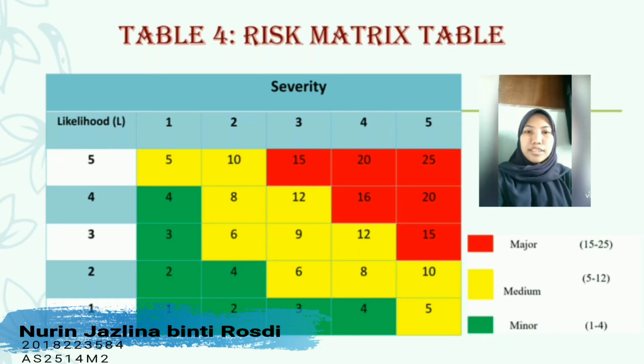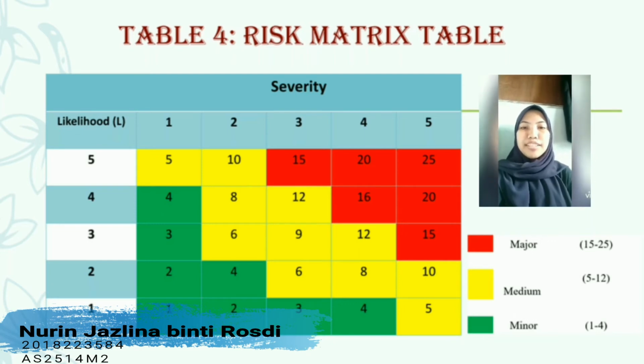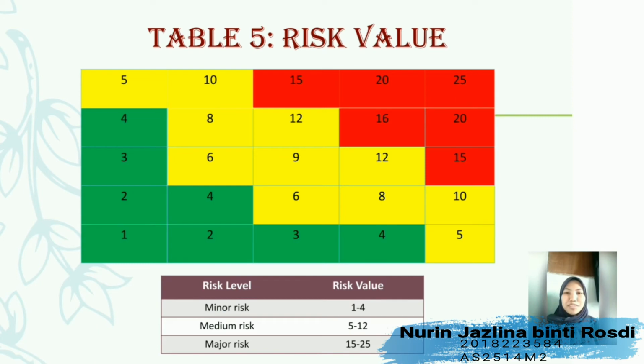After we get the value, we must divide it into three categories: minor for values 1 to 4, medium for values 5 to 12, and major for values 15 to 25. And from the risk metric table, we will get the risk value.